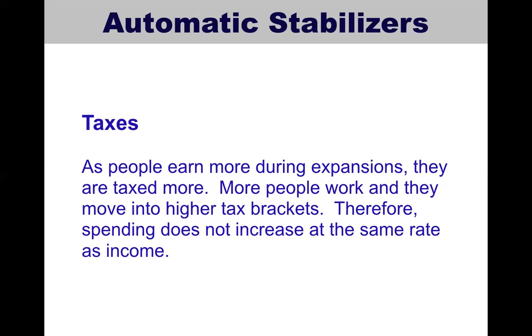And that's going to multiply, causing the boom cycle to be very, very large. But if the government is taking bigger and bigger portions of the money that you're earning, then ultimately the amount of initial money that is multiplying will not be as high.